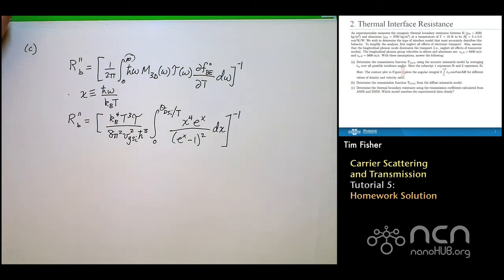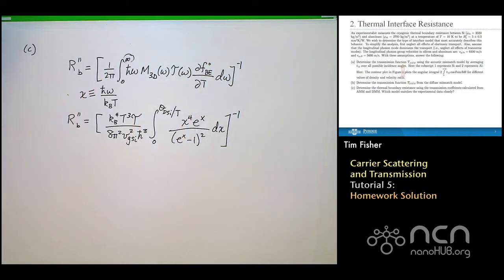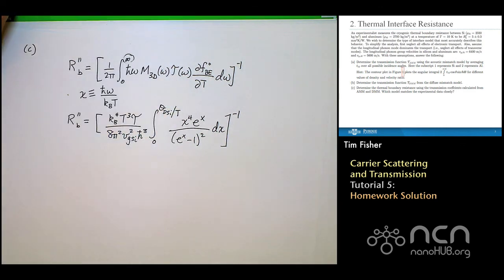And so now this integral itself is fairly easy to evaluate. You can do it numerically. And so certainly if you have low temperatures, as we can assume in this problem, you can still approximate that upper bound as infinity.